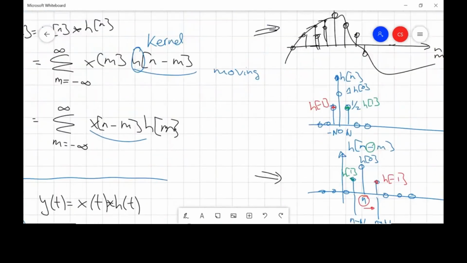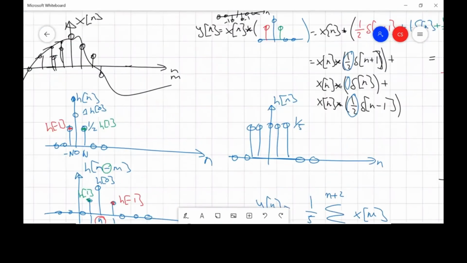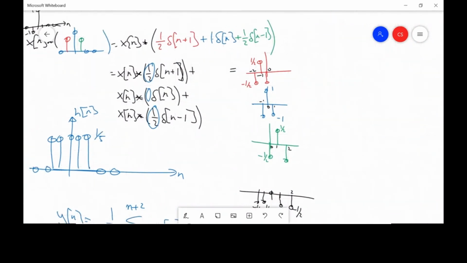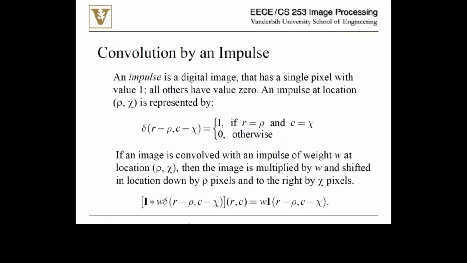And that is actually what we were doing here. In this example, we were doing exactly that. We were convolving something with a coefficient times a delta, and then shifting that something to the right location and multiplying by the coefficient. So that is what is expressed there.